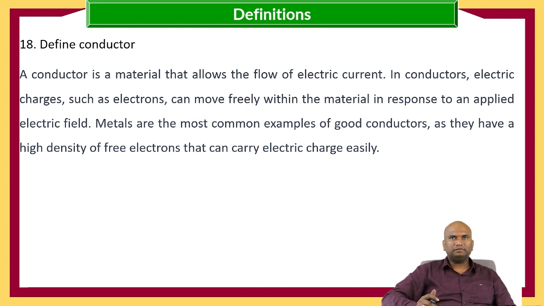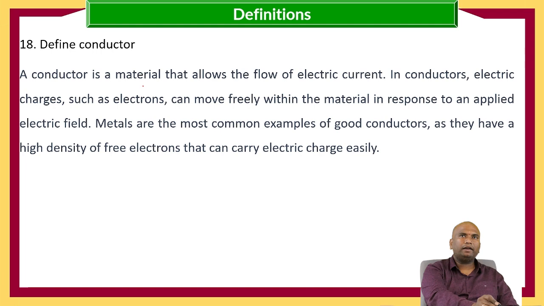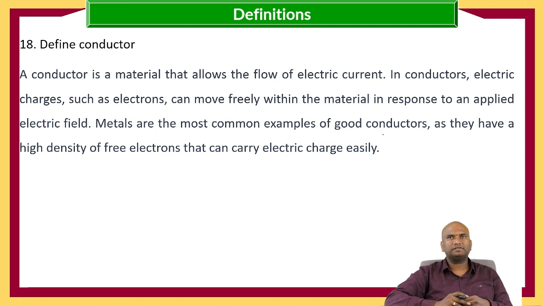Define conductor. A conductor is a material that allows the flow of electric current. In conductors, electric charges such as electrons can move freely within the material in response to an applied electric field, where metals are the most common examples of good conductors.